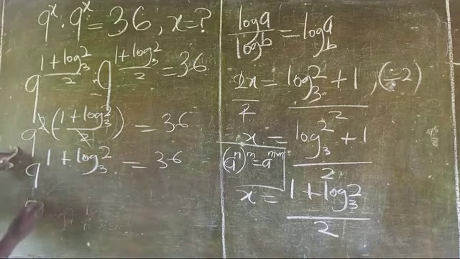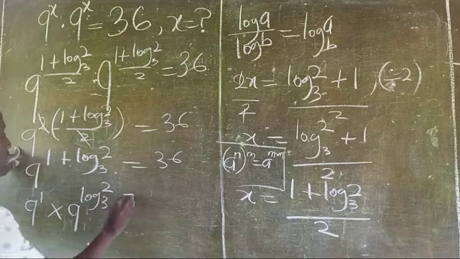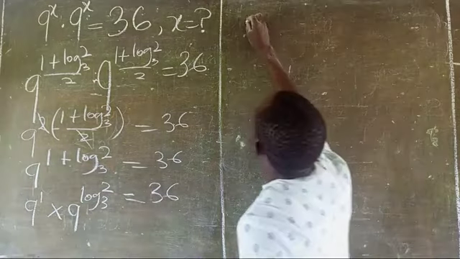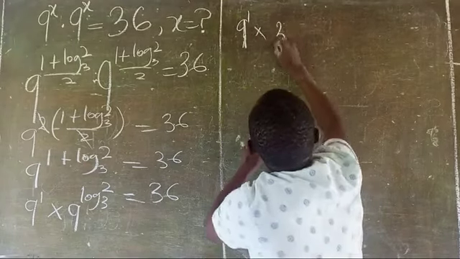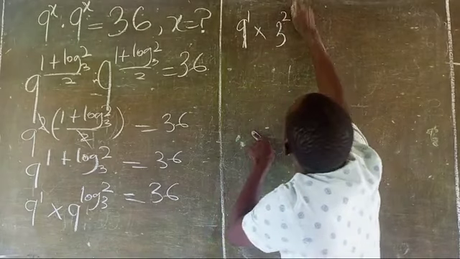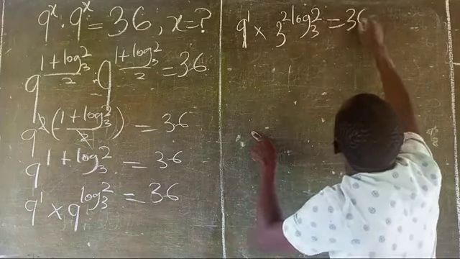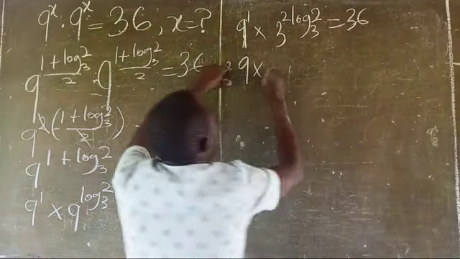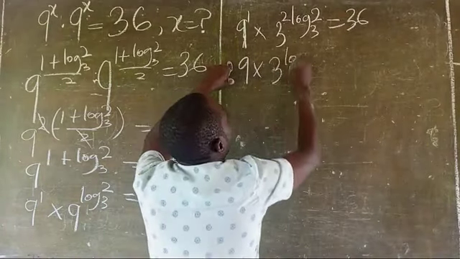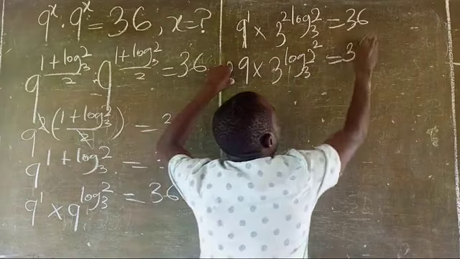And this is the same thing as 9 raised to power 1 times 9 raised to power log 2 base 3 equals 36. And this becomes 9 raised to power 1 times 3 raised to power 2, remember, log 2 base 3 equals 36. And the power can go up. It becomes 9 times 3 raised to power log of 2 raised to power 2 base 3 equals 36.